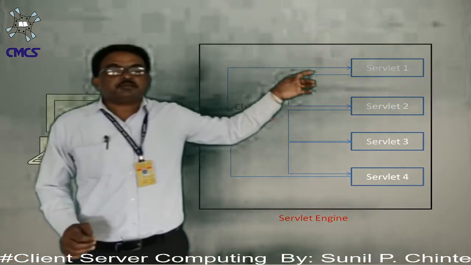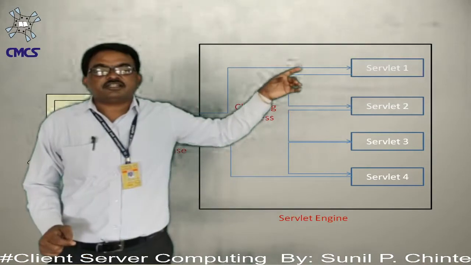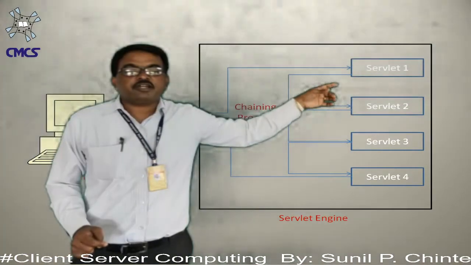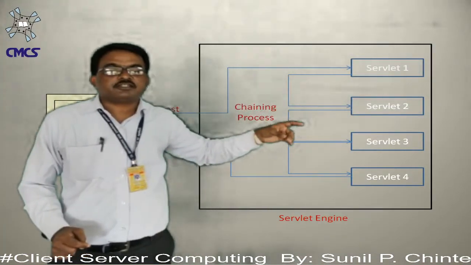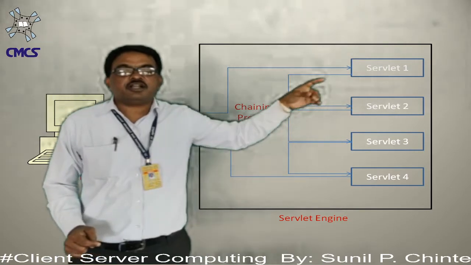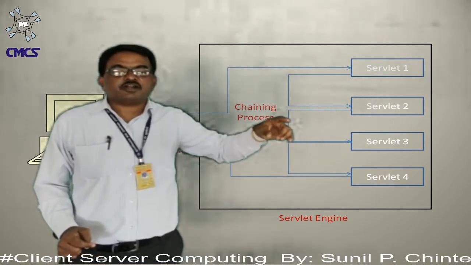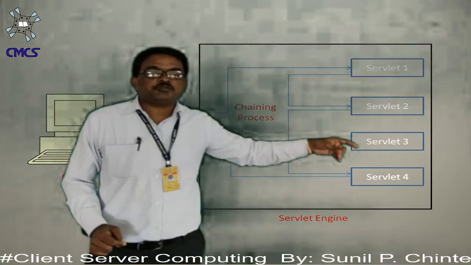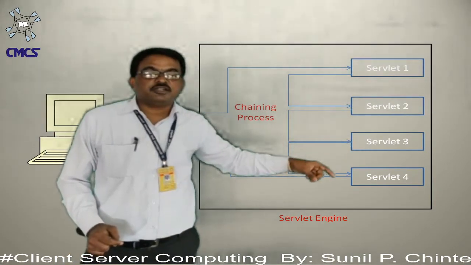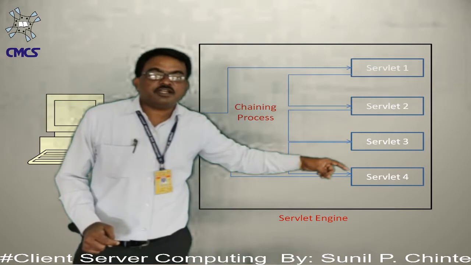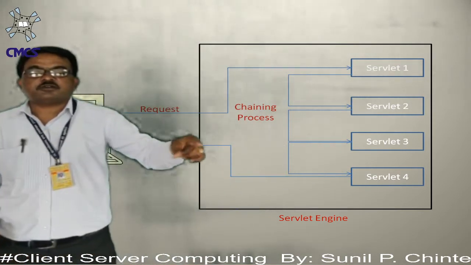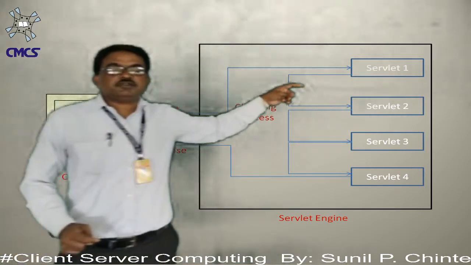It will pass the data or the output to the next servlet, which means it will call the next servlet. In this way the next servlet gives the output to another servlet, but the last servlet will send the response to the client. So this is nothing but a chaining process.